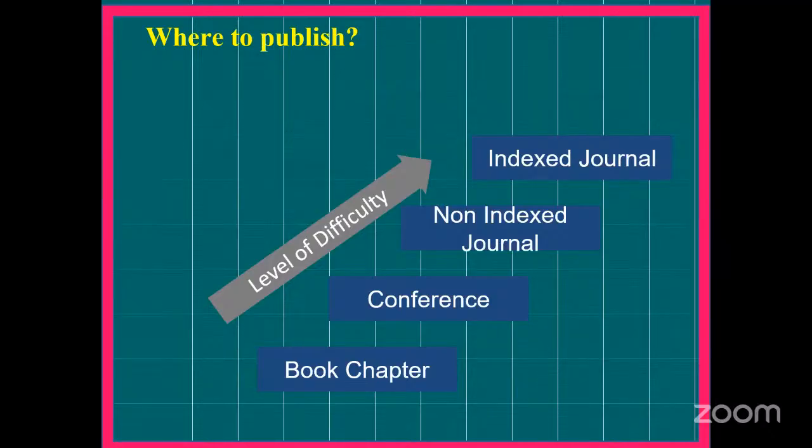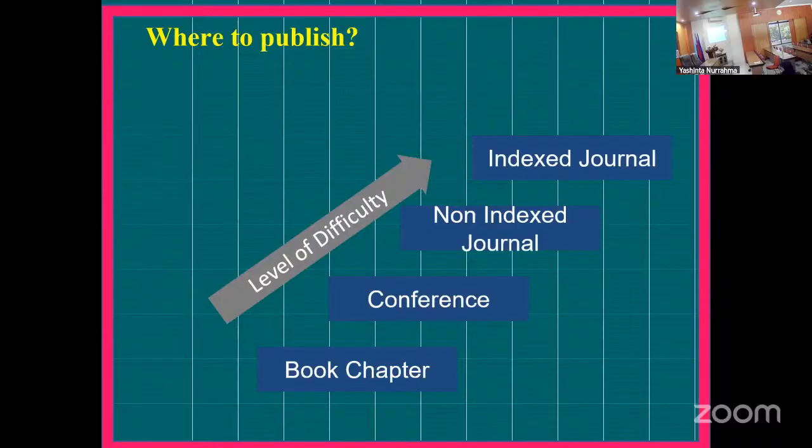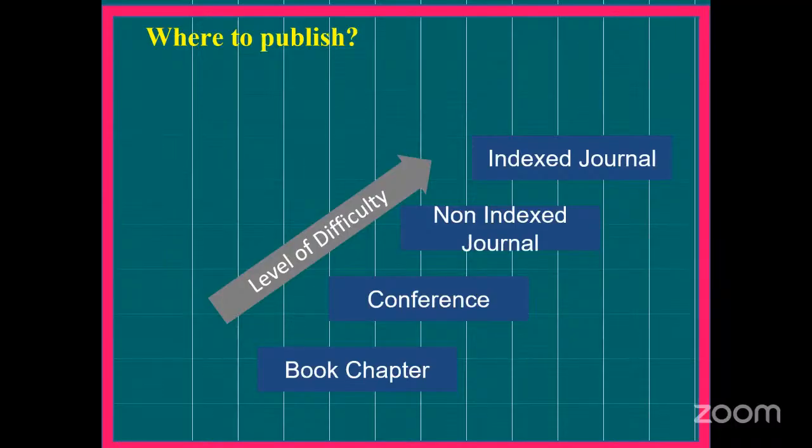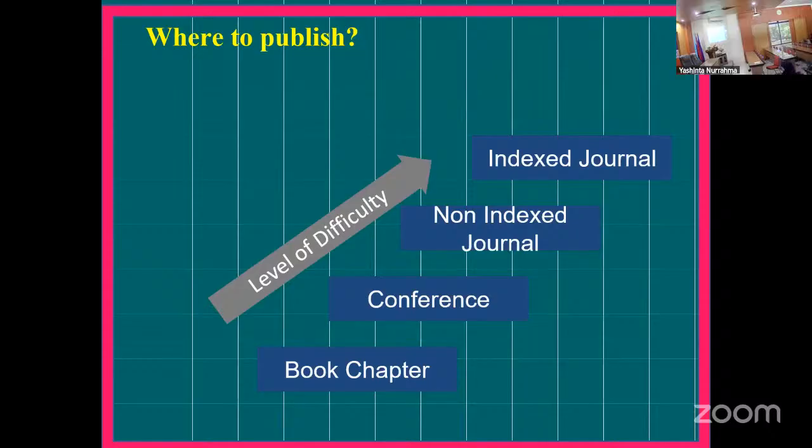If we publish in a non-indexed journal, your publication is not counted in the profile. You can show your paper, but when you go for a ministry application, the ministry will look for these two kinds of publication: Web of Science and Scopus. When you go for promotion, they especially look for Web of Science, not Scopus. You understand, right? This is the index journal, the non-indexed journal, and then conferences and book chapters.